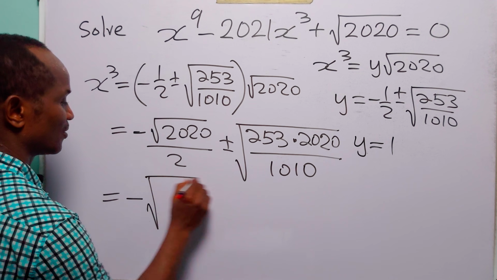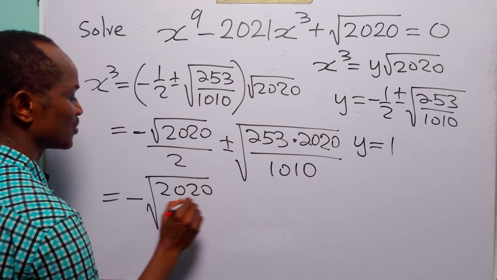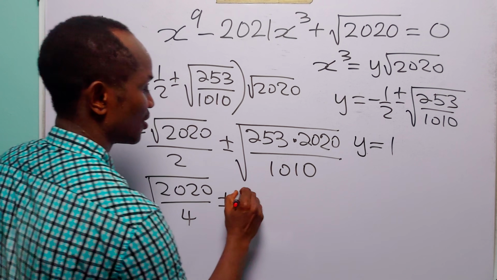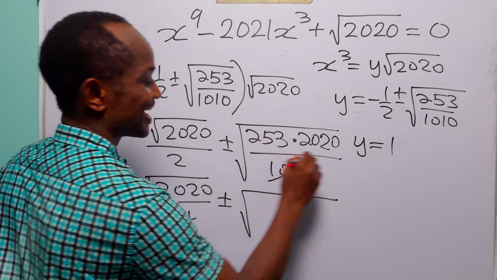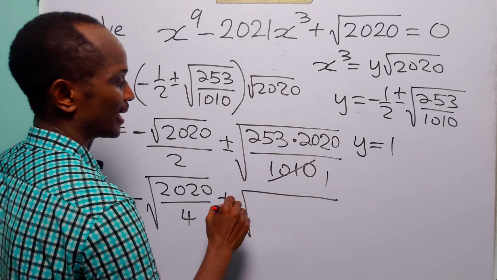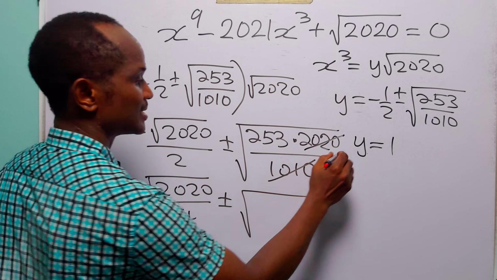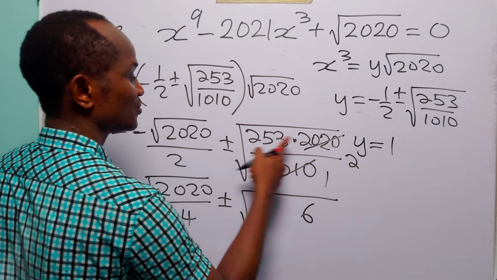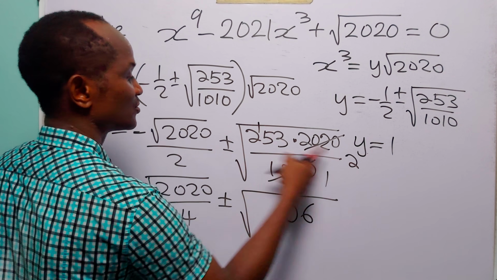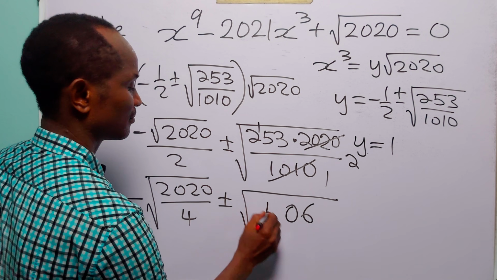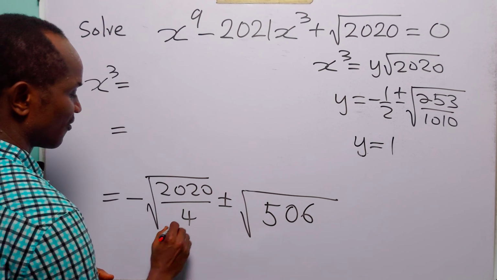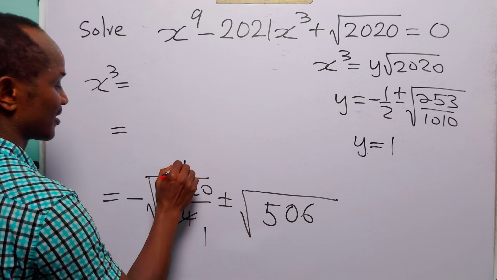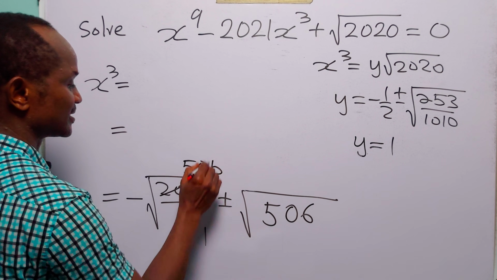So here we have root 20 over root 4 plus or minus root 253 times 20 over 10. 2 times 3 is 6, 2 times 5 is 10, 2 times 2 is 4 plus 1, 5. 4 into itself is 1, into 20 is 5.